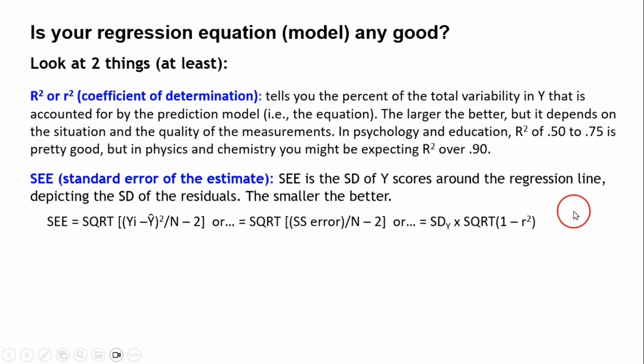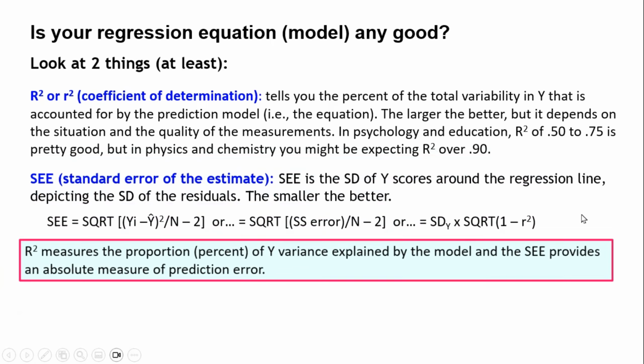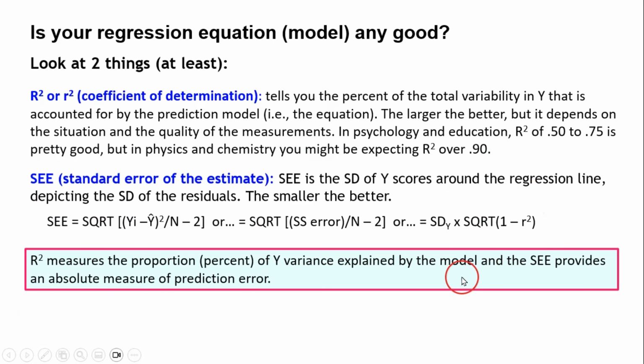If you use those 2 together, they complement each other so you can make a determination of the quality of the regression equation you developed. The R squared measures the proportion of y variance explained by the model, i.e. the equation, and the SEE provides an absolute measure of the prediction error for your equation.